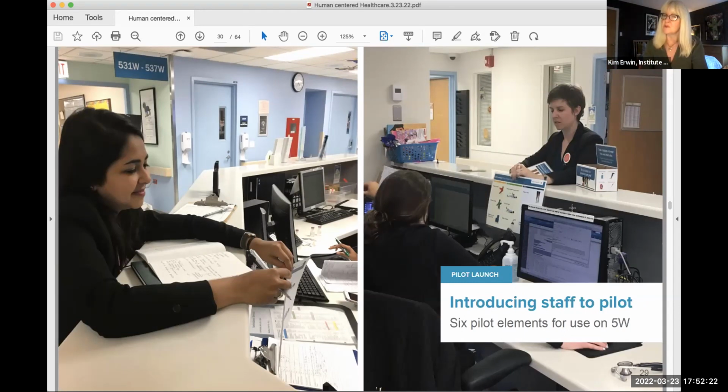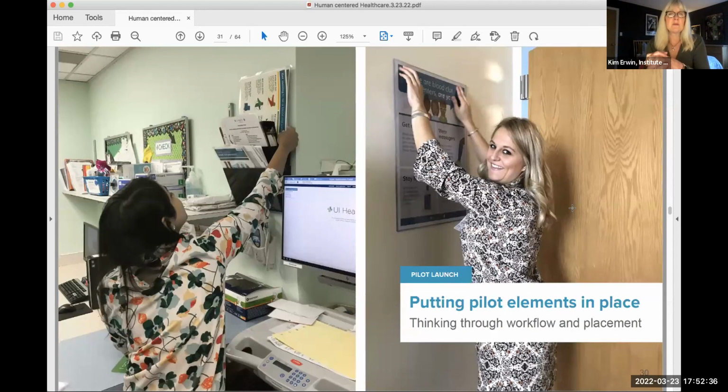All of a sudden the scrutiny level goes way up and you get better feedback that way. So we used the pilot to kind of accelerate critique and refinement, and then also to prepare people for actually using these things.